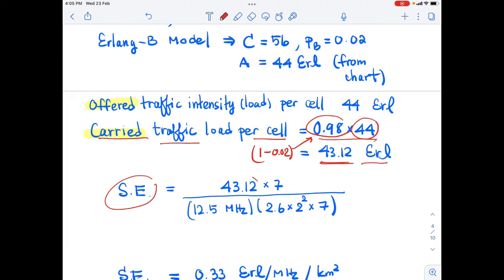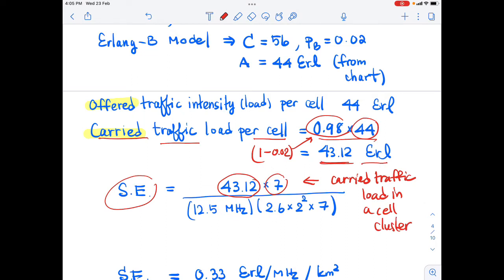Each cell is going to carry 43.12 Erlang, and remember, we have 7 cells in a cluster, so this is the carrier traffic load in a cell cluster. So we are looking at a whole cluster, divided by bandwidth.